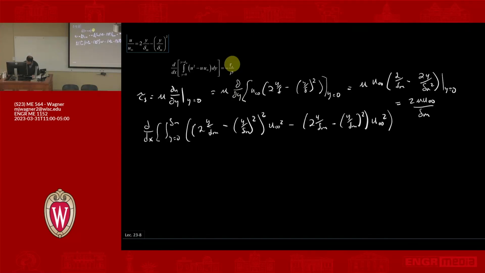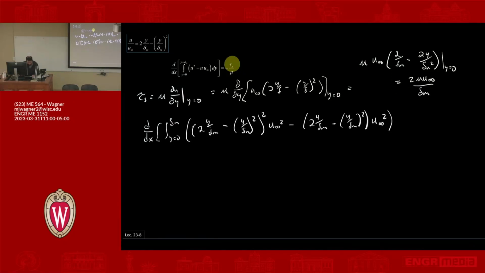So then get some of this stuff out of the way. That's the close parenthesis, and that goes there. So this is then dy, the integral with respect to y. And that's all equal to minus 2 mu u infinity over rho delta m.